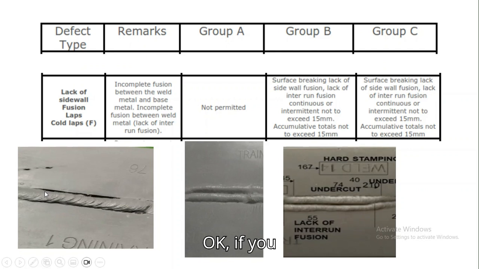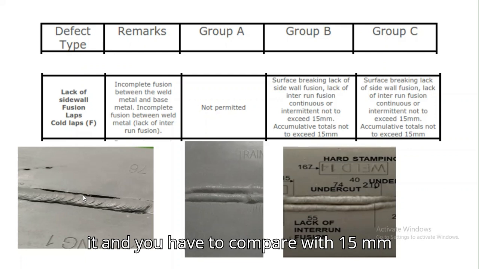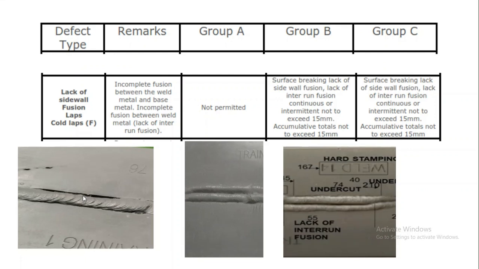If you see lack of fusion with a gap, then you have to measure the length of each fusion, and you have to add it, and compare with 15 mm. The accumulative total should not go beyond 15 mm.